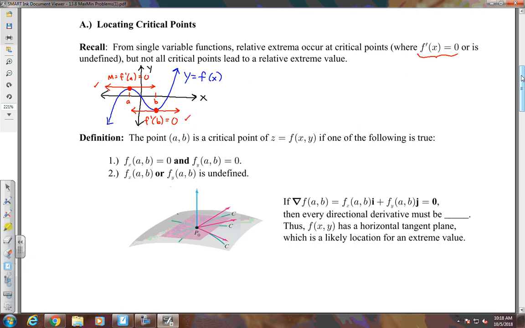However, not all critical points lead to a relative extreme value. Let me give you an example of this. So let's consider a different curve in the plane. Let's take another cubic polynomial, but one that's not so pronounced. Maybe one that does something like this.